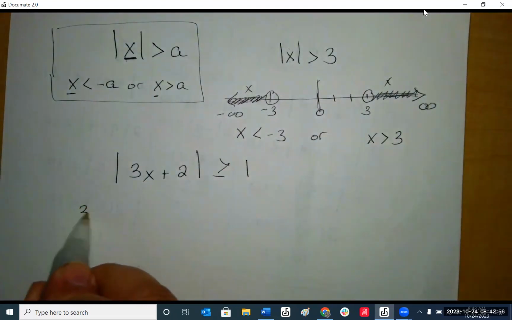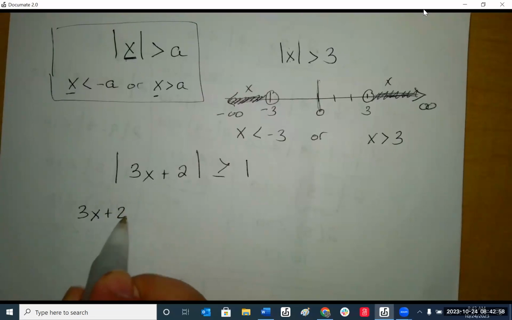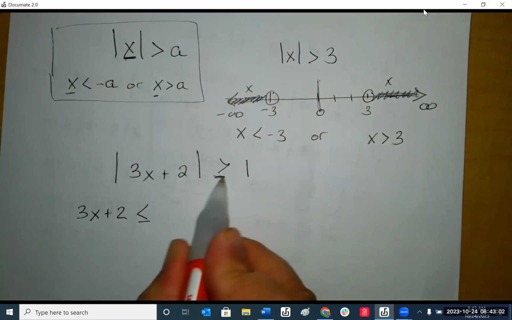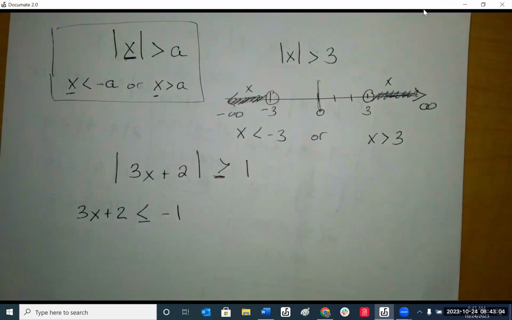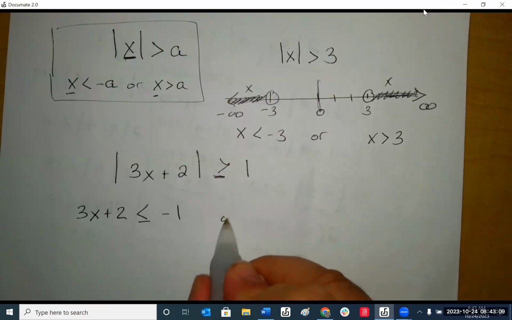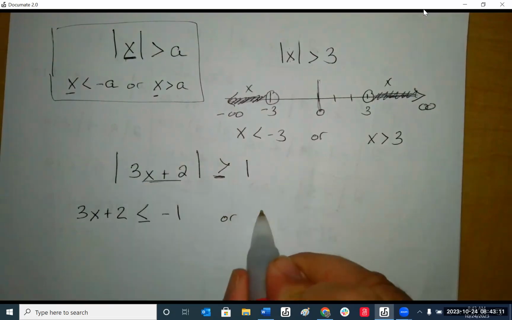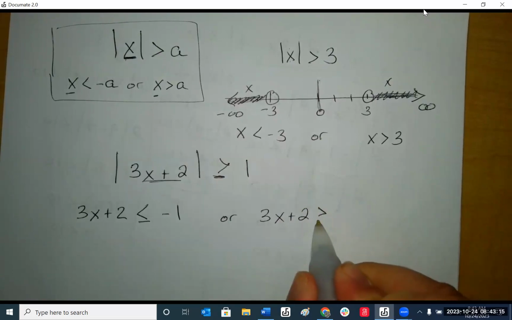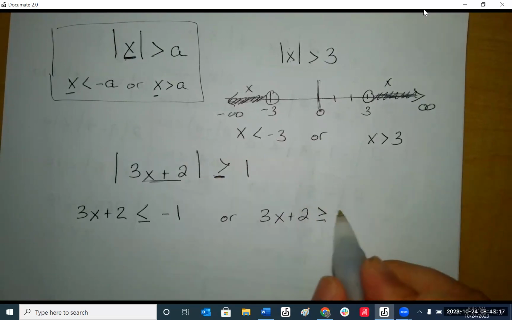So we have 3x plus 2 is less than or equal to negative 1, or 3x plus 2 is greater than or equal to positive 1.